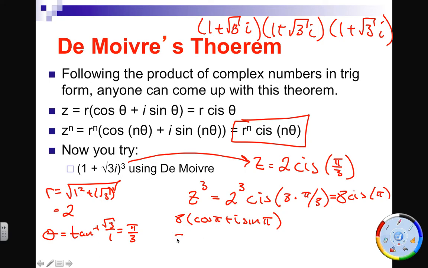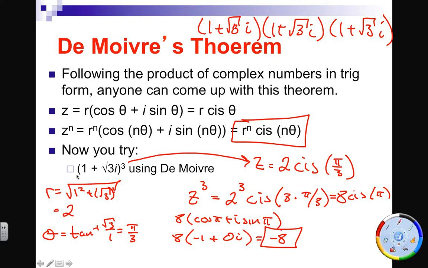What is the cosine of pi? Well, cosine of pi is, let's see, -1. Plus i times the sine of pi. Well, sine of pi is 0. That means we just figured out that this is 8 times -1, which is -8, plus 0, which means the answer is -8.